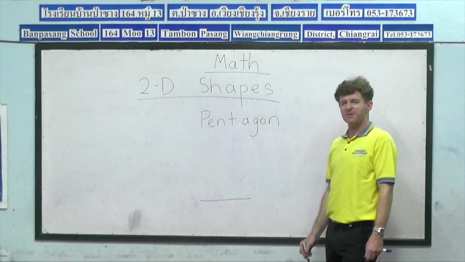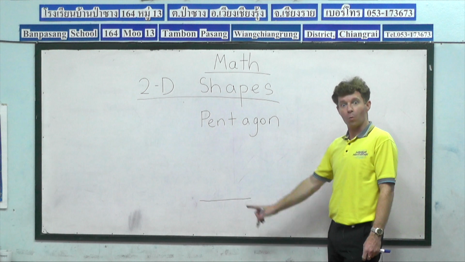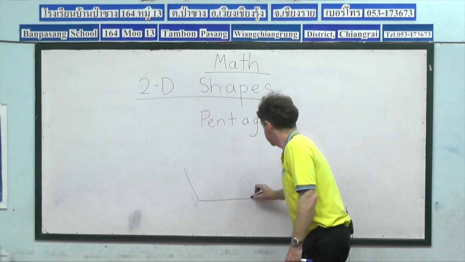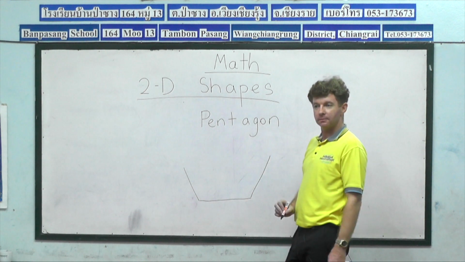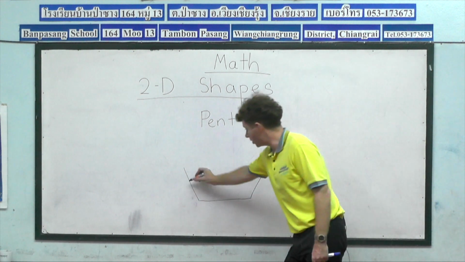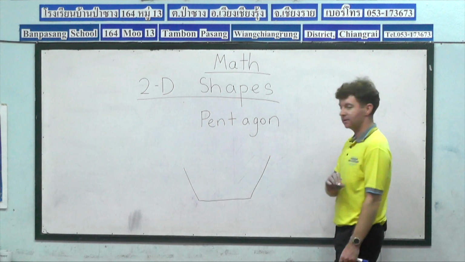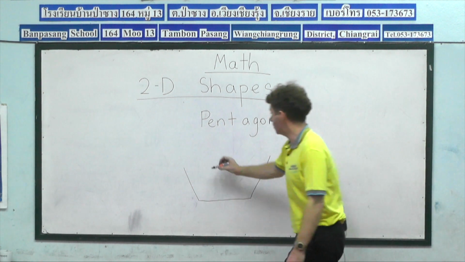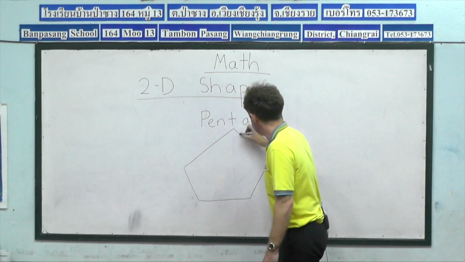Okay, so is this a pentagon yet? No, one side. How about now? No. 1, 2, 3 sides, 2 corners. But how about once we go like this?